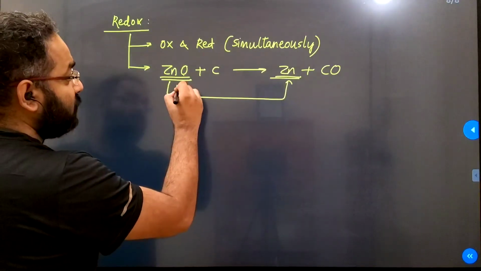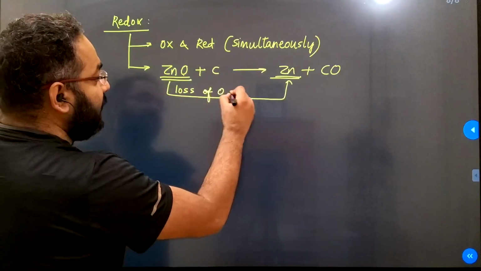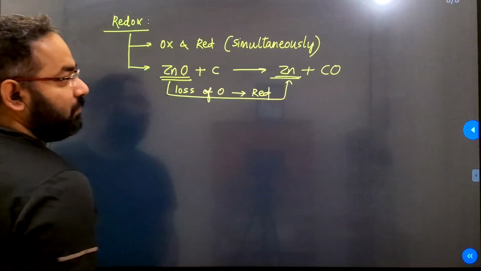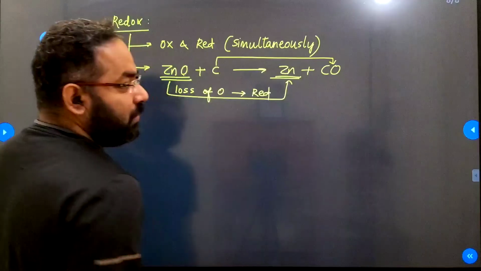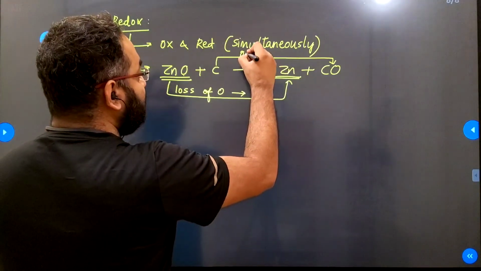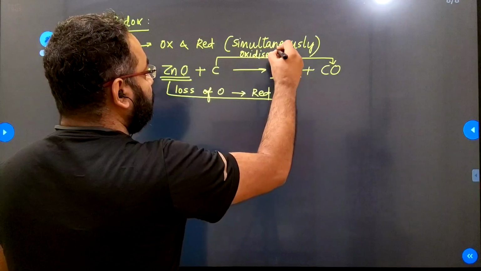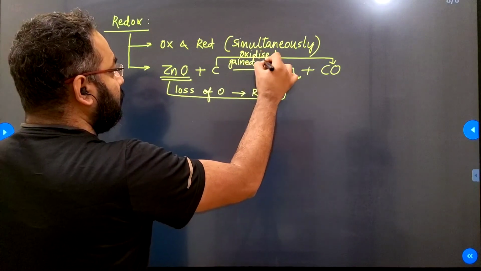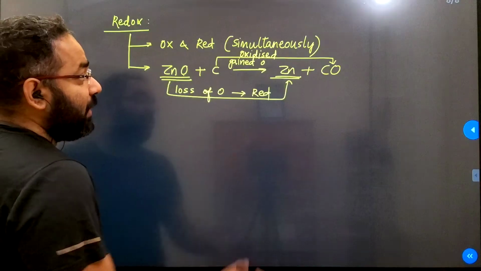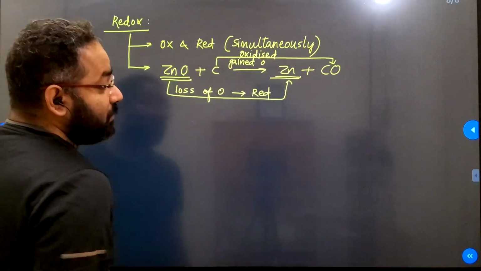So loss of oxygen has taken place here, indicating it is a reduction reaction. Here, in the meanwhile, carbon has gained that oxygen. So carbon has got oxidized, alright, because it has gained oxygen. Now, whenever we look at both happening simultaneously, it becomes a redox reaction.